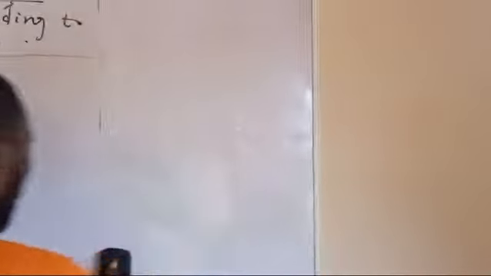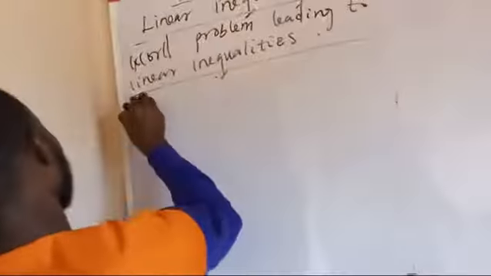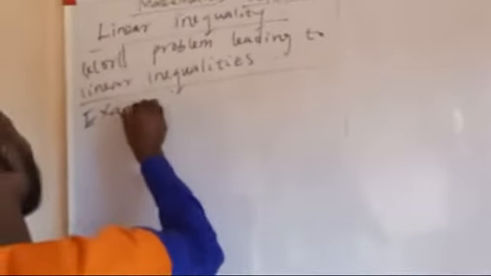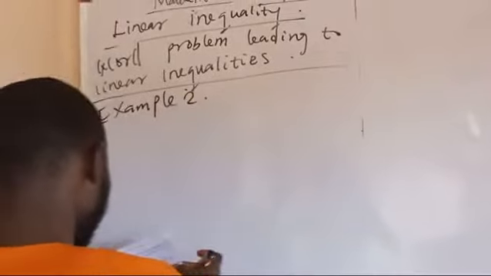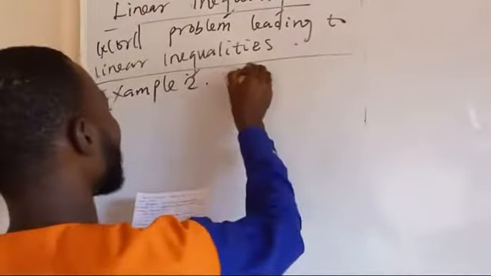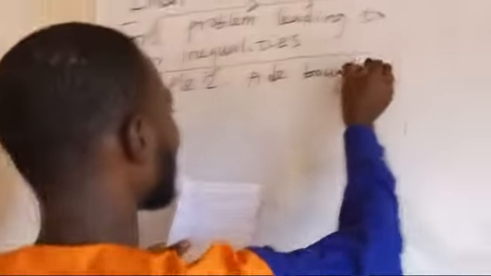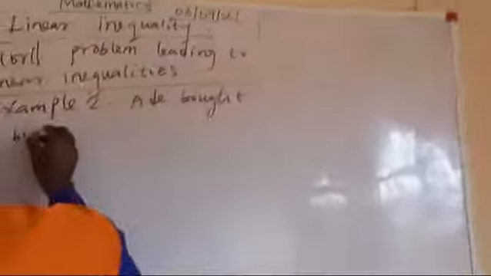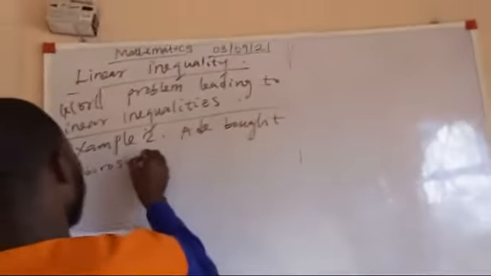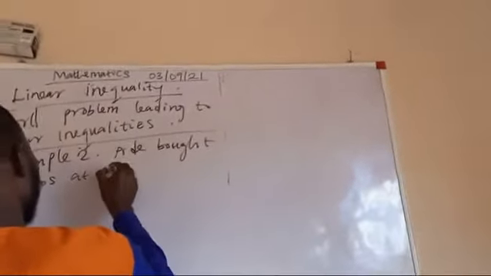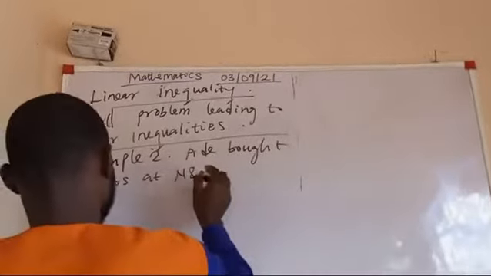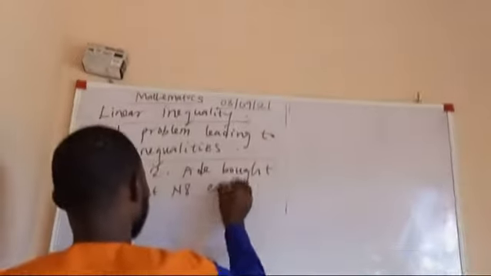Okay, so example two, we have Ade bought x biros at 8 naira each.